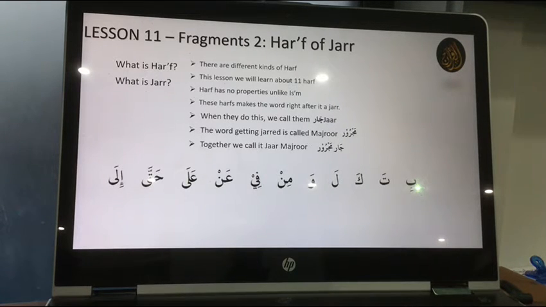What will be the translation? Yes, Yusuf, loudly. Very nice. In the womb of your mother. Is the of your mother only one person or all of you? Yes, so you should say in the wombs of all of your mothers. Fi butuni ummahatikum. Allah says, when you are in the tummy of your mother, I wrote down your destiny.